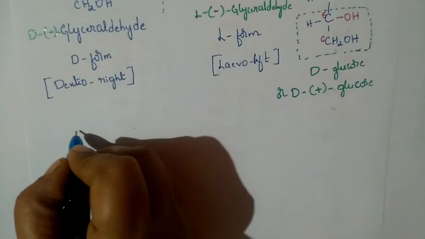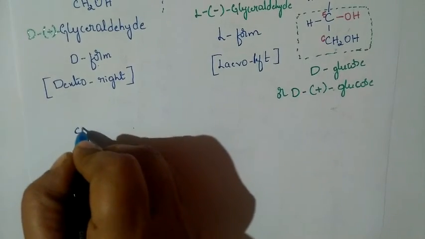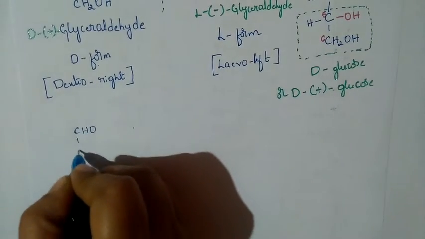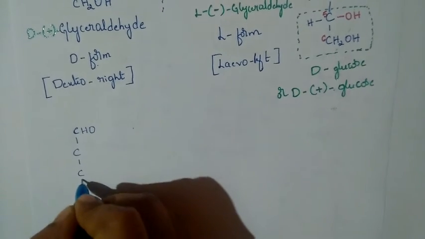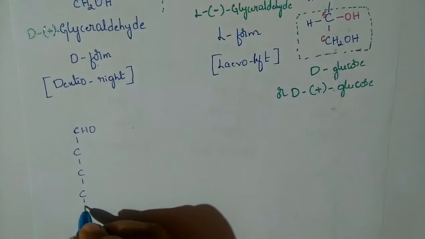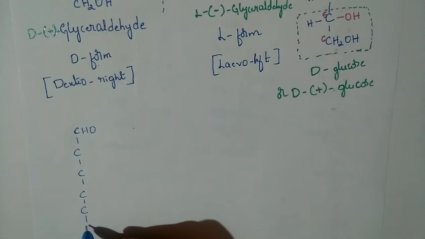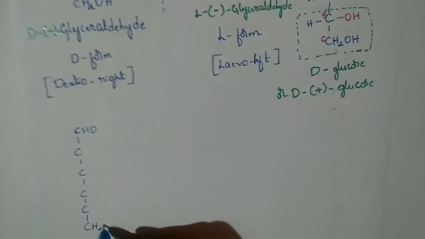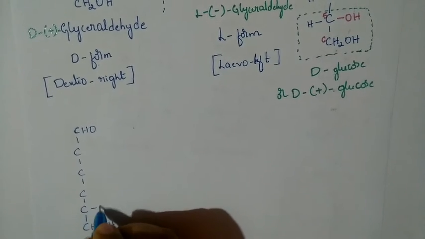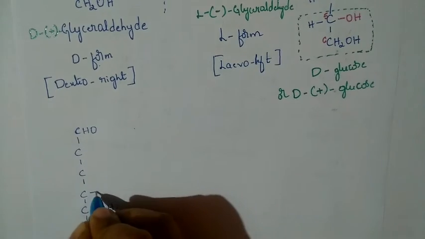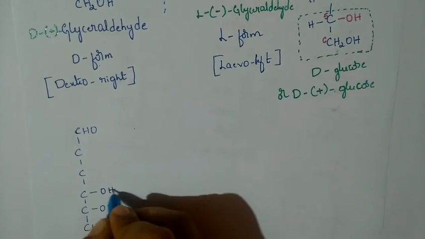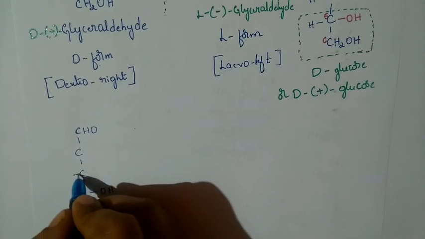So we already know it is CHO, C, CH2. Fifth carbon, OH this side, that is right side. Fourth also OH right side.